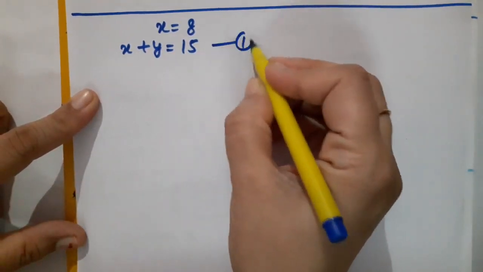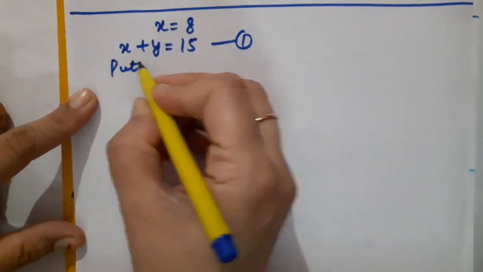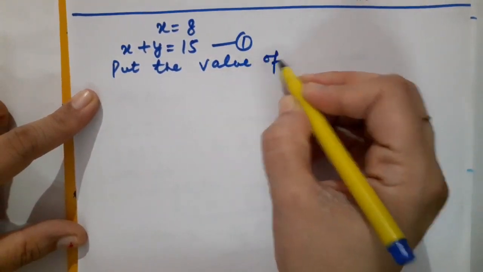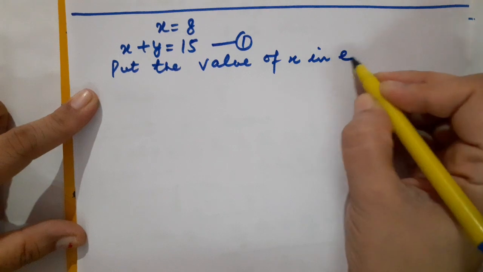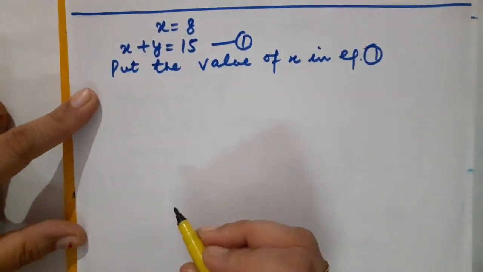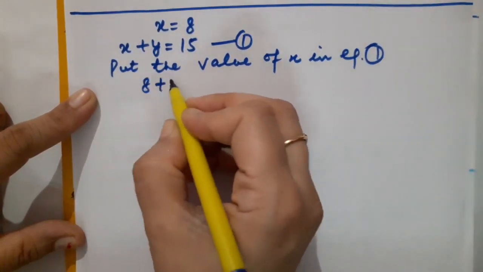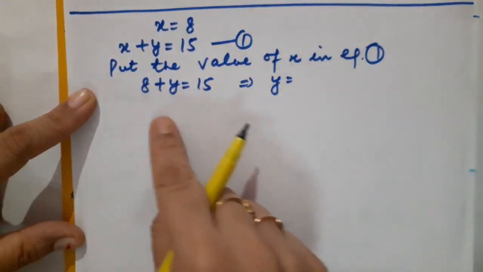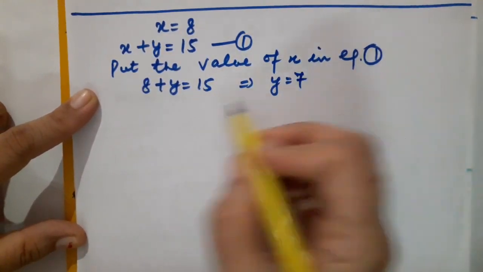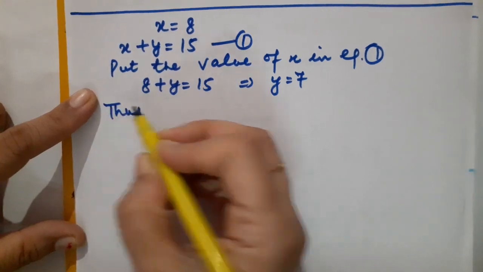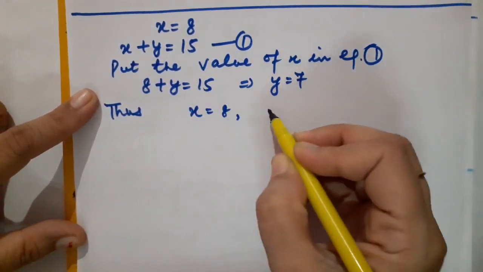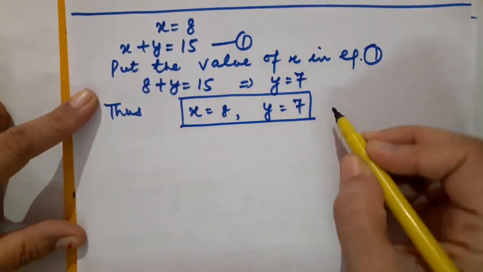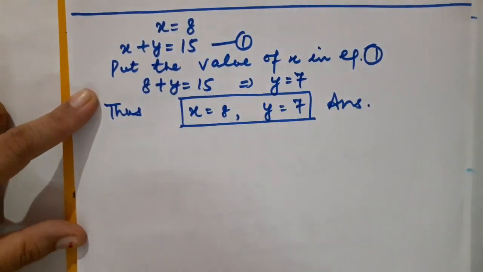Put the value of x in equation number 1. Correct? So this would become 8 plus y is equal to 15. So it implies y is equal to 15 minus 8, that is 7. So thus the missing frequencies are x is equal to 8 and y is equal to 7. So this is our answer.